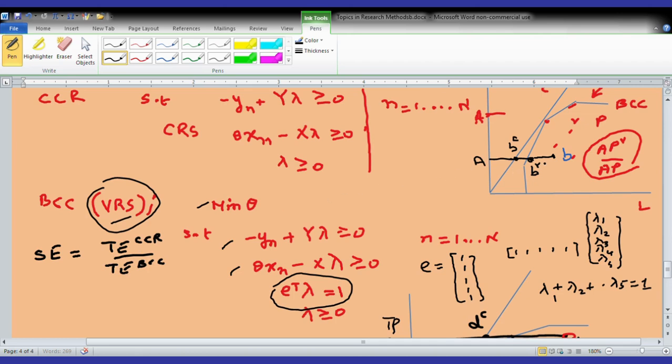So, for example, in this graph, if B is the point under consideration, distance ABC divided by distance AB is the technical efficiency score with CCR.